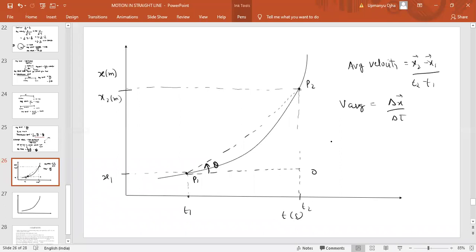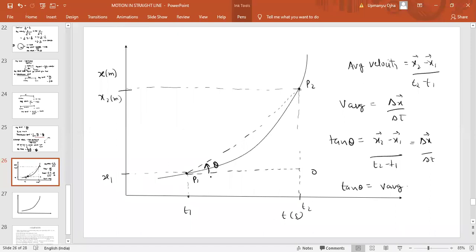Now, can I say that tan theta will be equal to x2 vector minus x1 vector by t2 minus t1, or delta x vector by delta t vector? Therefore, can I also write that tan theta would be equal to the average velocity?